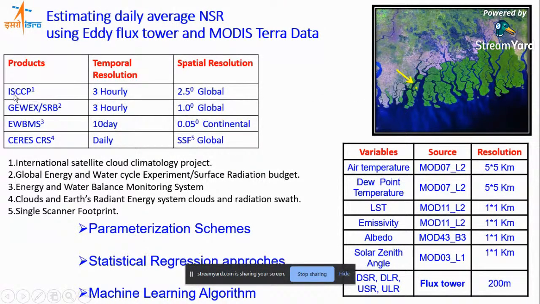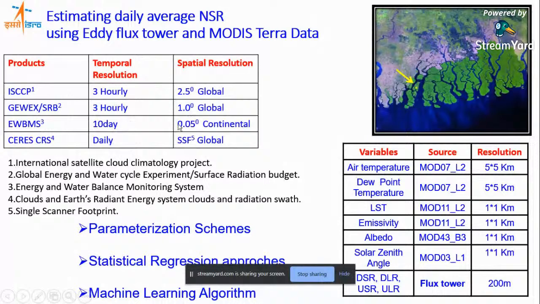That is from ISCCP, which is providing data at 3 hourly at 2.5 degrees spatial resolution, and the second one is the SRB product at 3 hourly temporal resolution with a spatial resolution of 1 degree globally. So these are different satellite products available for estimating surface net radiation.